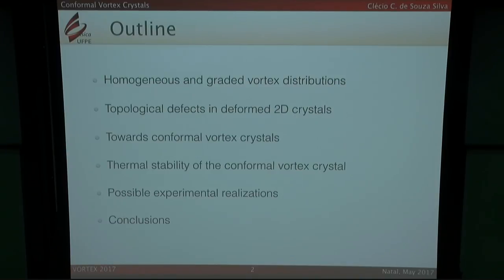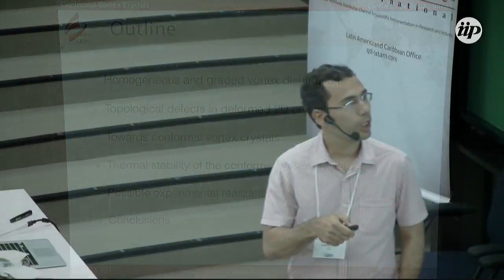So the outline of my talk: I'll first review homogeneous and graded vortex distributions, and how topological defects can stabilize gradients of vortex distributions.